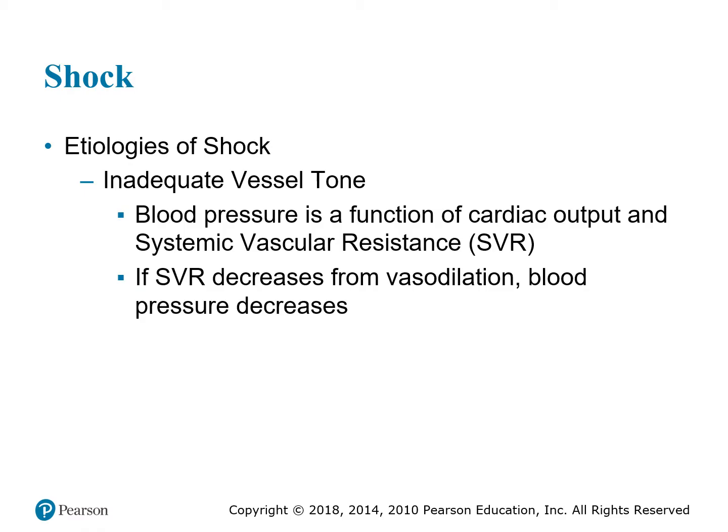And so the last etiology of shock we'll cover is inadequate vessel tone. And this relates more so to the vessel size due to massive vasodilation. And what you have to understand is as the blood vessel vasodilates to the point where the systemic vascular resistance decreases too much, you're now going to have a drop in blood pressure.